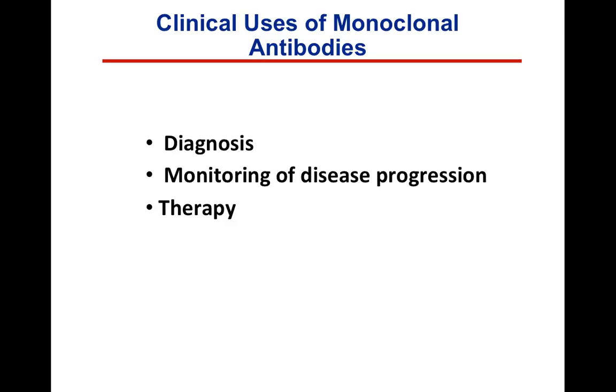You can use them to monitor disease progression. You might be able to use PET imaging, for example, to monitor where the disease is by radiolabeling the antibody, to see where and to what extent the cancer is there. And you can also use them for therapy, as we'll see.